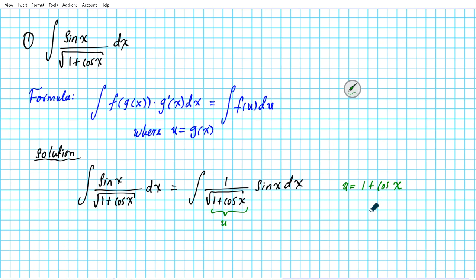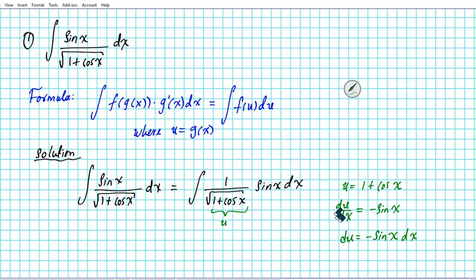We differentiate both sides with respect to x. So du dx is equal to the derivative of 1, which is 0, plus the derivative of cosine, which is negative sine x. Now we want all the x's on the right and the u on the left, so multiply both sides by dx. So you have du is equal to negative sine x dx.